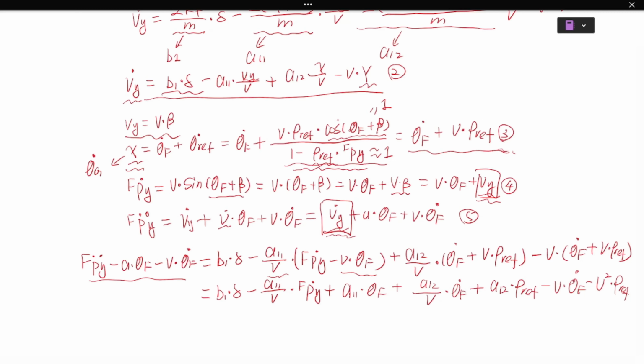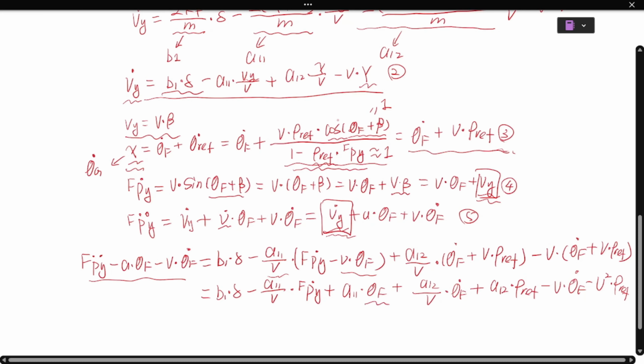Okay, so let's combine the theta f and the theta f dot terms together.